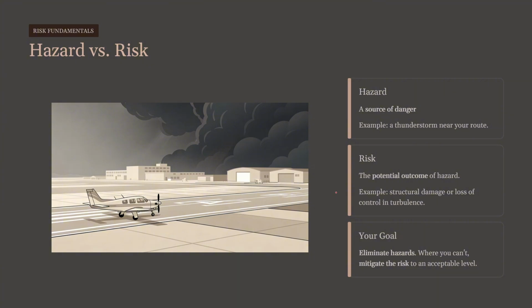So if you decided to go into IMC, even if you're not proficient in flying in it, that would be the risk, okay? The hazard and risk are related, but they are not the same thing. As pilots, our goal is to eliminate hazards when possible, and when we cannot eliminate them, we reduce the risk to an acceptable level, okay?